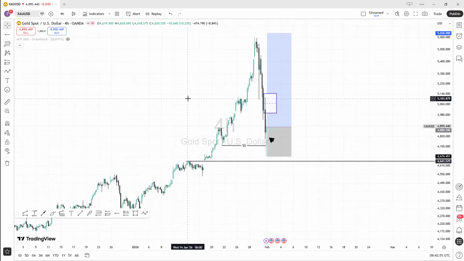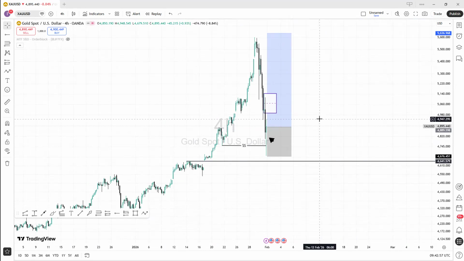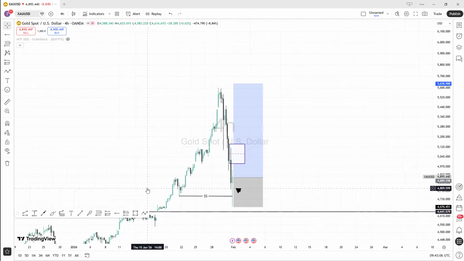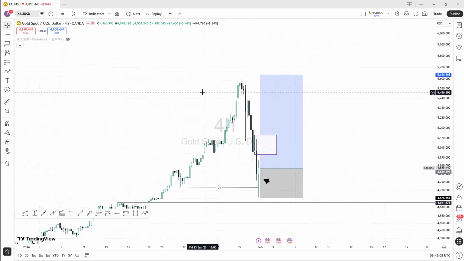So price may rise up without mitigation of any opening gap. So that is it for gold.